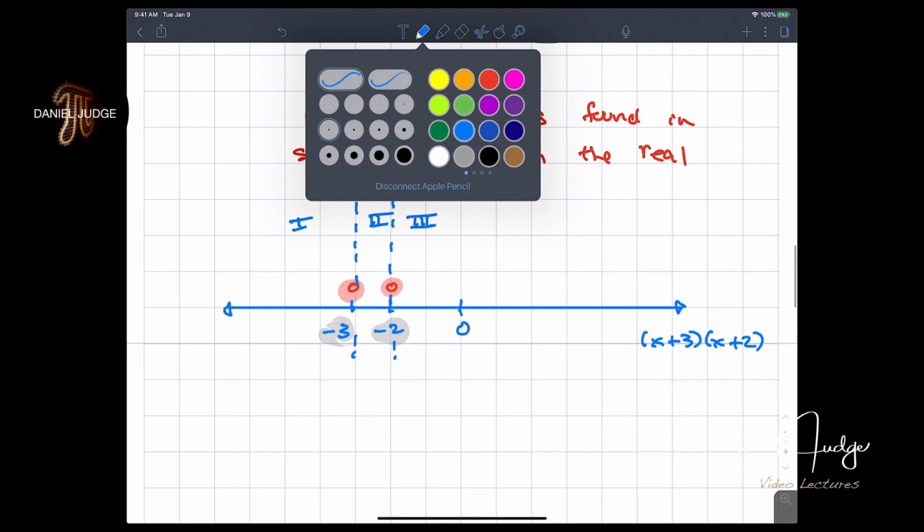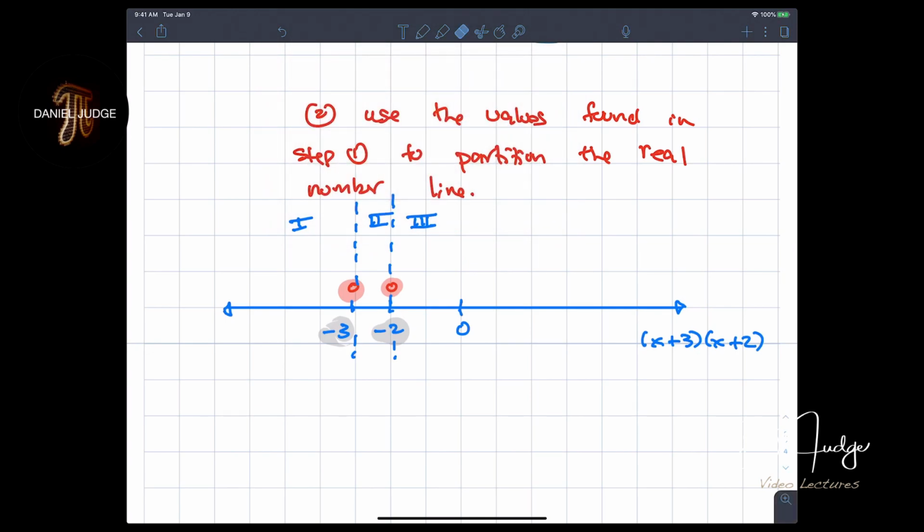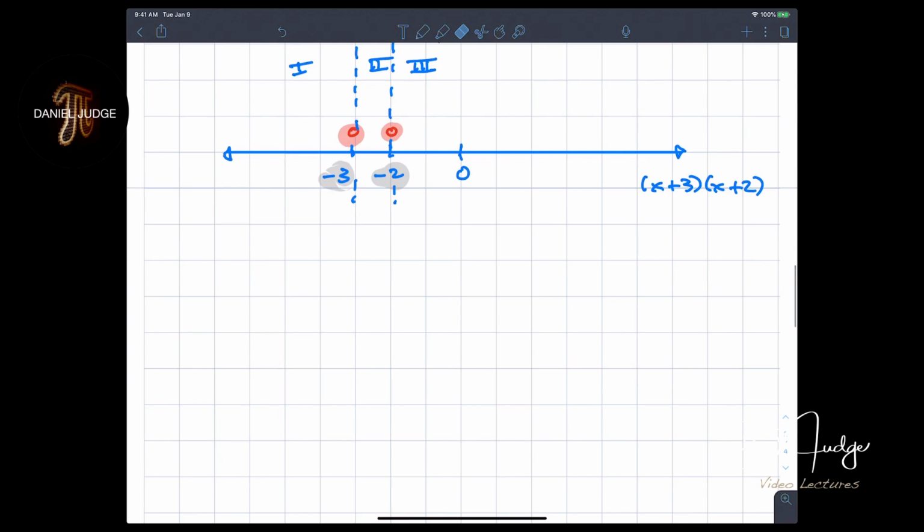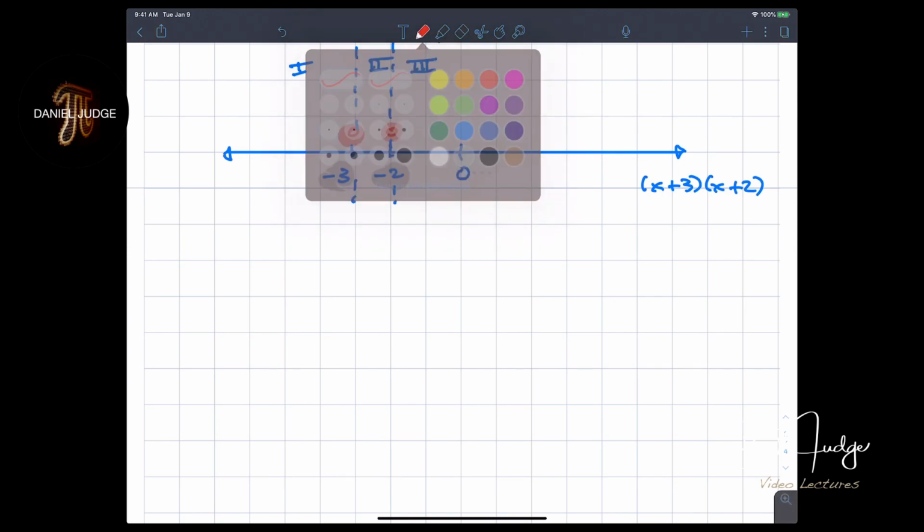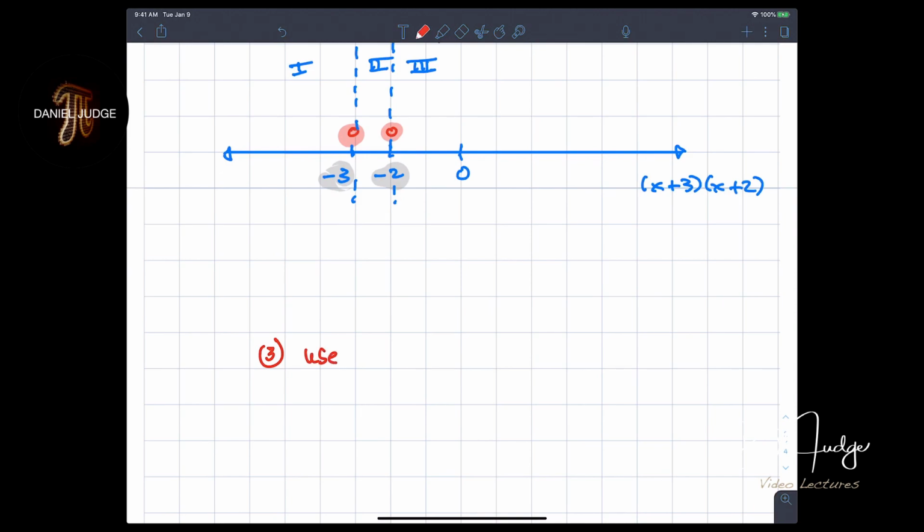Because step number 3, I'm going to say this. Use a test point to determine in each region the sign of the region.